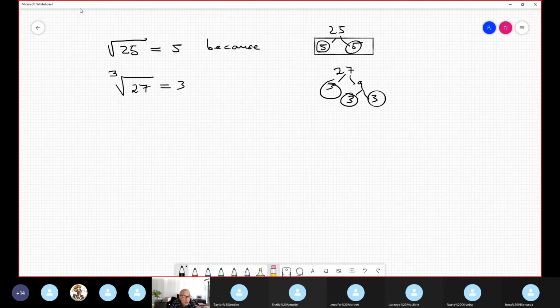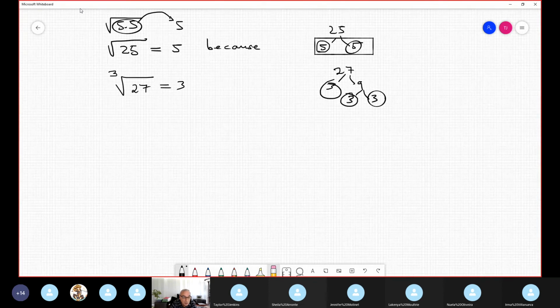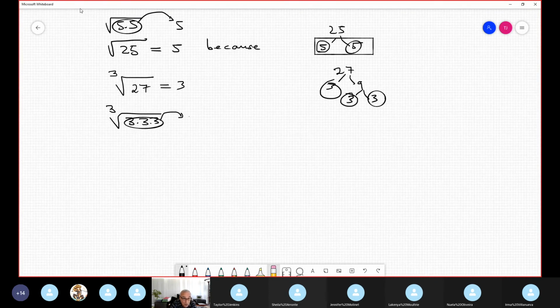In my mind, I see it like that: this is 5 times 5, and it's a couple. It flies outside the radical, goes outside the house, and it's 5. In this case, the cubic root of 3 times 3 times 3, and these three 3s inside the cubic root represent one 3 outside.